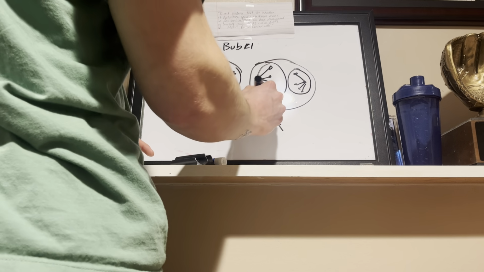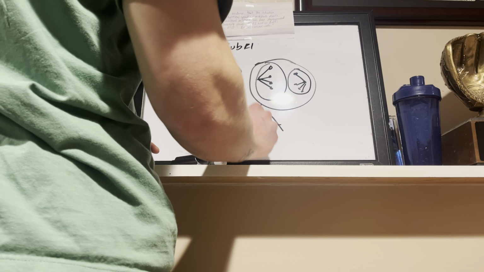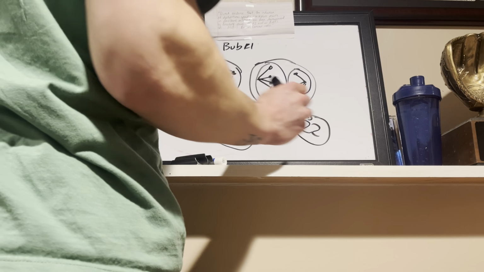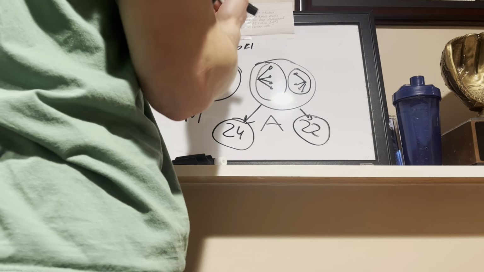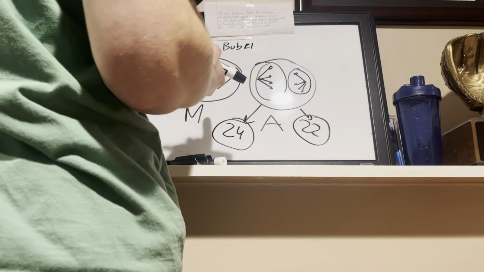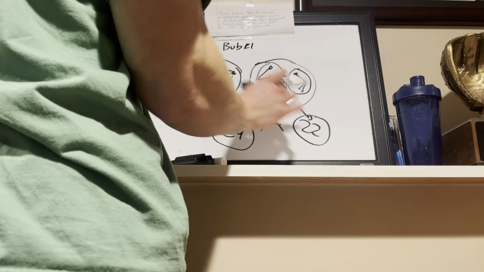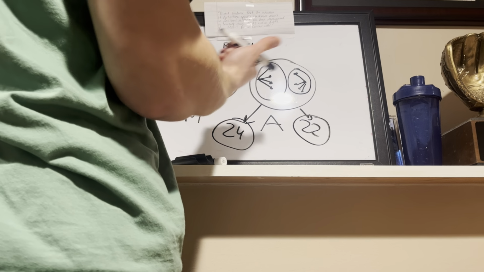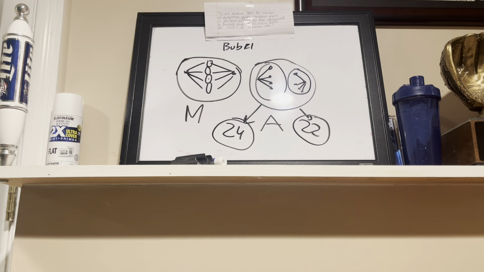So when the cell goes to divide, maybe this cell has 24 chromosomes, this one has 22, and as a result, that's aneuploidy right there. And that is directly correlated to just not having BubR1 regulating this movement from metaphase to anaphase. So any premature movement can just cause dysregulation in this process that I just described right here.